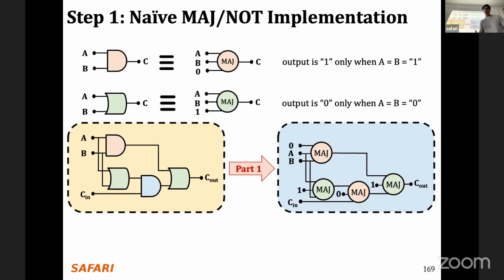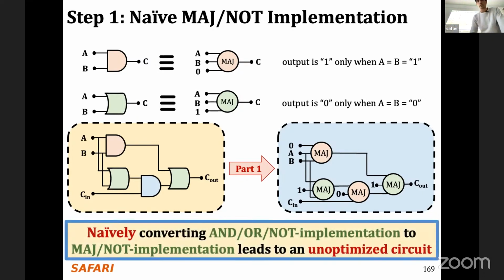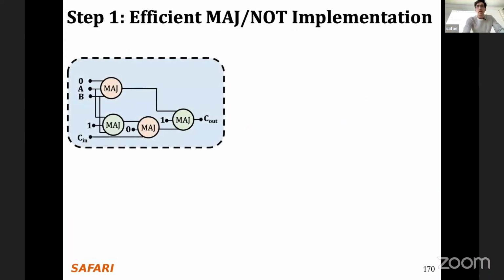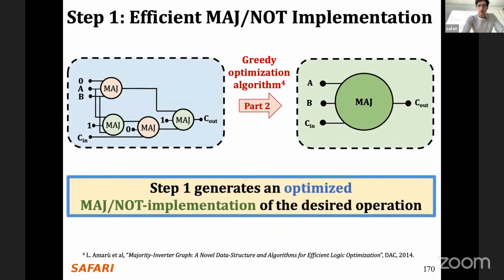We first do the, say, naive transformation, just replacing each AND or OR with the corresponding majority with a 0 or a 1 as the input, but this leads to an unoptimized circuit. Later, we can apply further optimization steps using a greedy optimization algorithm that was proposed in this paper from 2014, and this way we can have an optimized circuit based on majority and NOT.